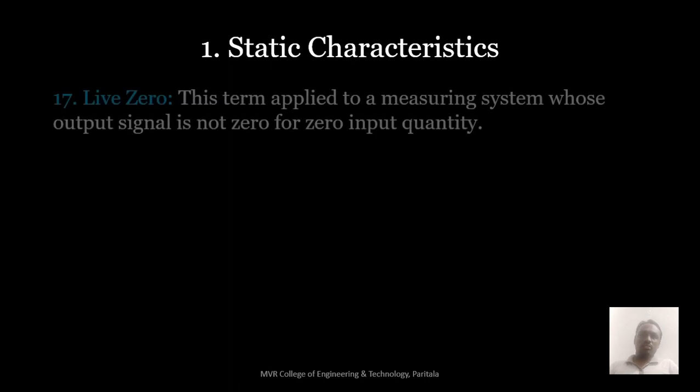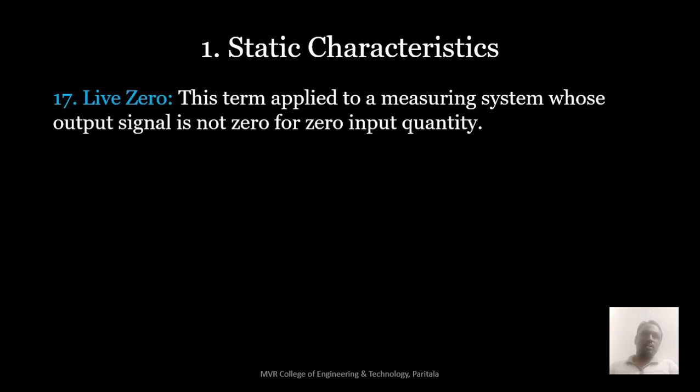So next one is live zero. The term applies to a measuring system whose output signal is not zero for zero input quantity. Let us take a few instruments which are not calibrated. They won't show zero, so the reading will fall down from 0 to some value. Most instruments are analog instruments, so the indicator will not be at 0 if the input is 0.